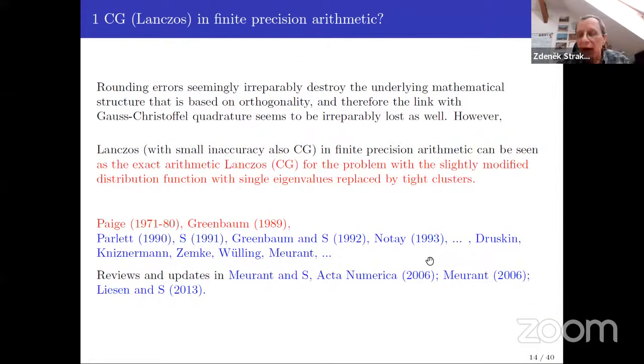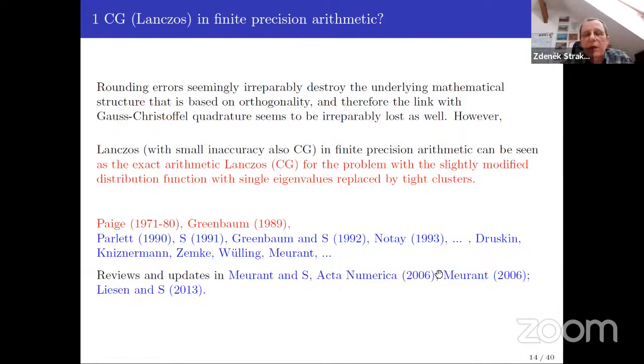But one can ask a question: well, this is all fine in exact arithmetic because it's based on orthogonal polynomials and in principle on orthogonality and on the fact that CG is nothing but the Galerkin method using a special Krylov subspace, say, a kind of discretization or mimicking discretization. What about rounding errors?